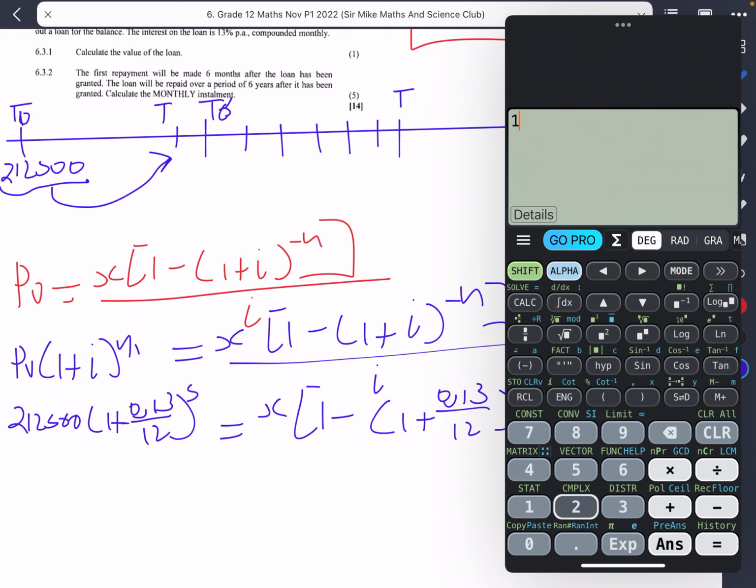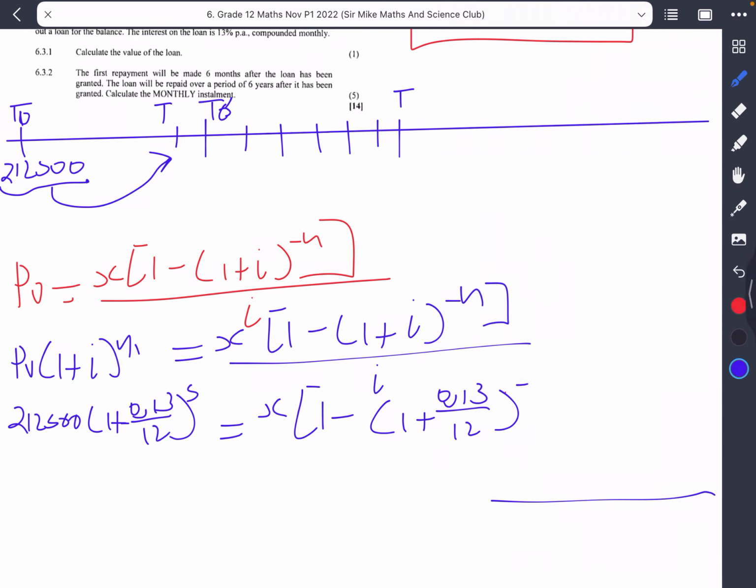Now remember that Dino started to make the first payment at T6, and then another payment at T7, T8, 9, 10, 11, 12. This would be at the end of the first year.